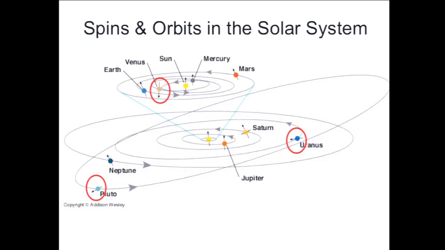I mentioned when we looked at the direction that planets are spinning about their own axis, that most of the planets spin in the same direction as they orbit. The exceptions to that are Venus, Uranus, and Pluto. Even the Earth has that 23-degree tilt of its spin axis relative to its orbital axis. And we actually think that that tilt of the Earth's axis and the huge tilt for Venus, Uranus, and Pluto is due to collisions.